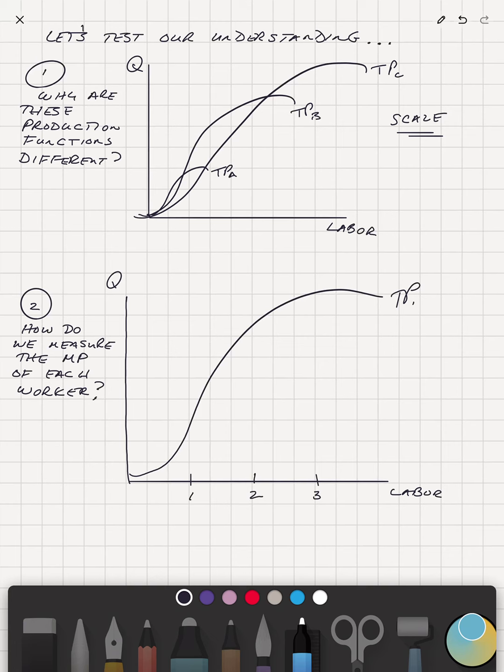Why? Well, the answer is they all show or represent different investments in land and capital. Okay, A is small.